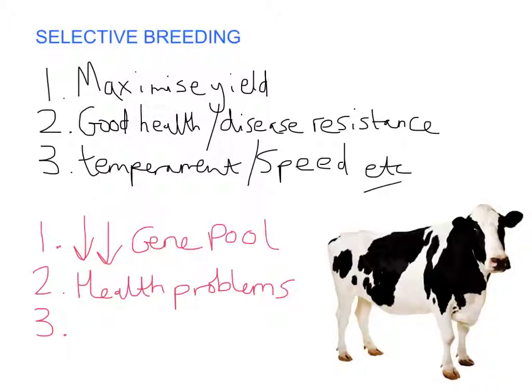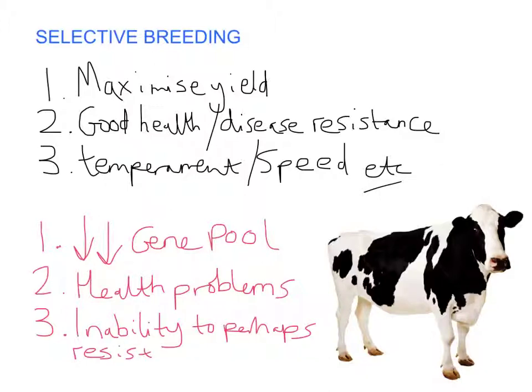So a third problem is the inability to perhaps resist disease if you've lost that genetic variation.